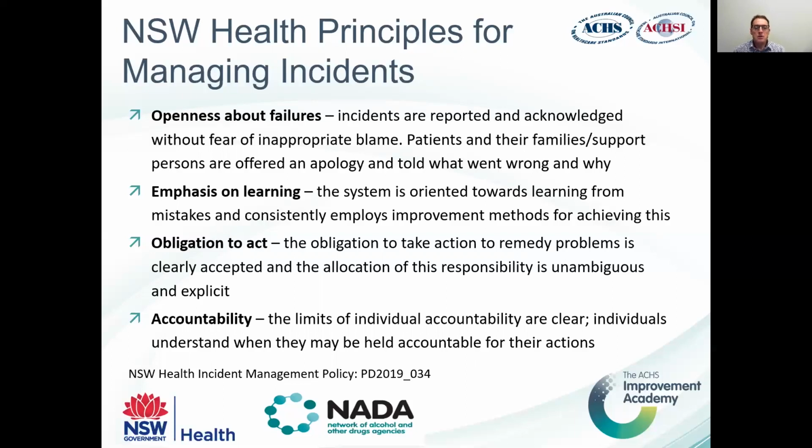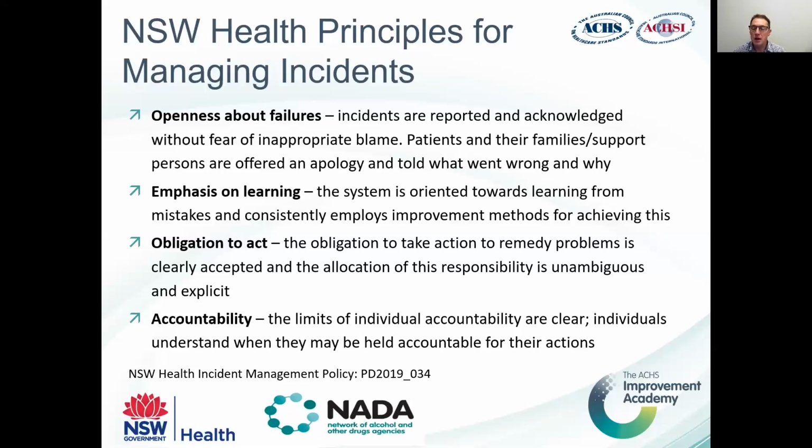The last one here is accountability. So the limits of individual accountability are clear, and individuals understand where they may be held accountable for their actions. So the vast majority of things that go wrong, of incidents that occur, relate to the system, but a small proportion, which are relatively infrequent, may be related to an individual's performance or behaviour or competence.